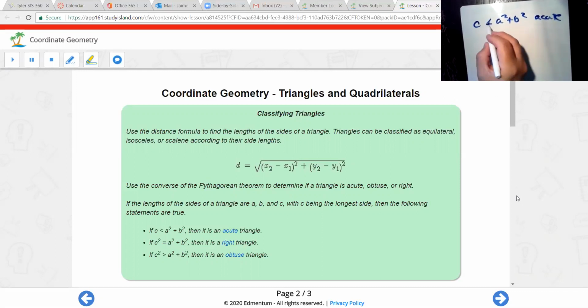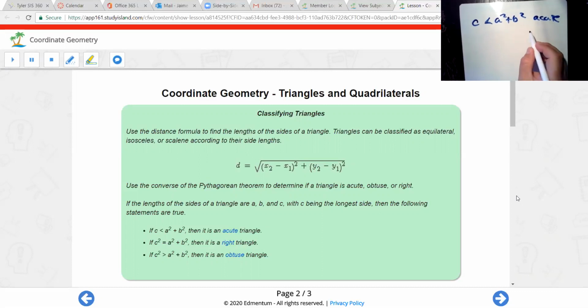So what does that look like? Basically something like this. So that would be an acute angle. So acute triangle, I apologize there.